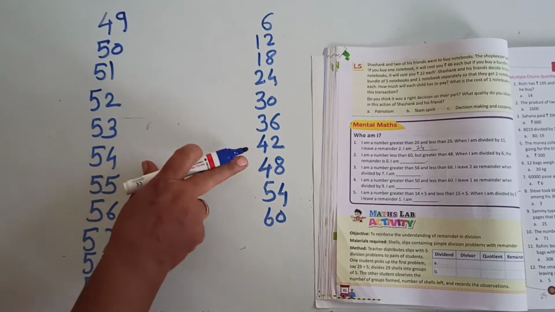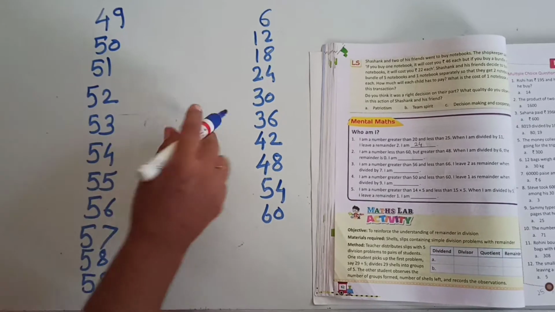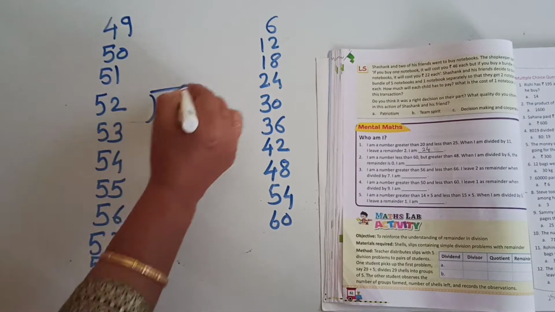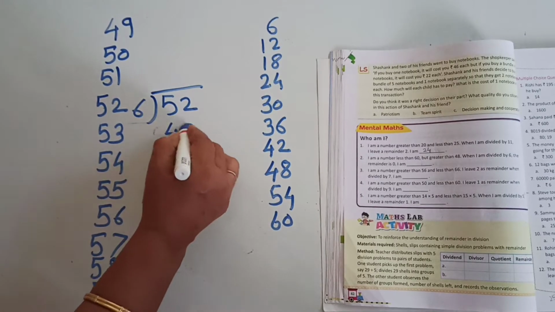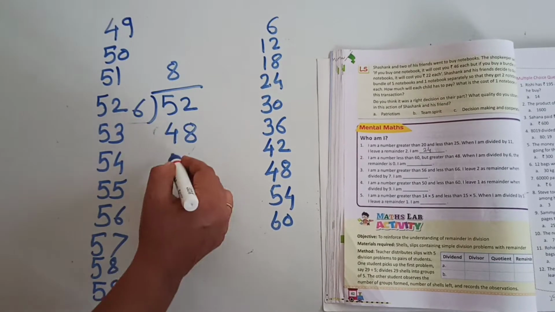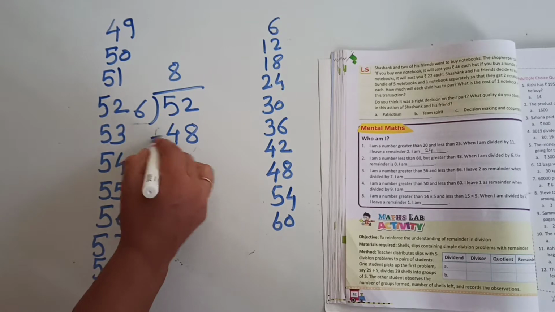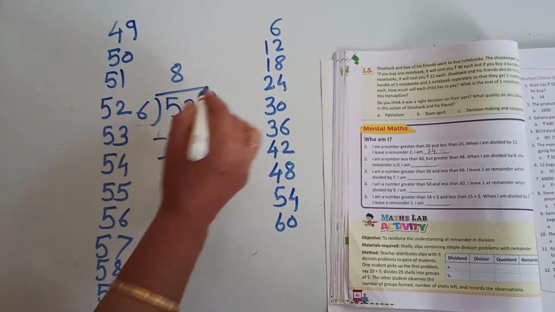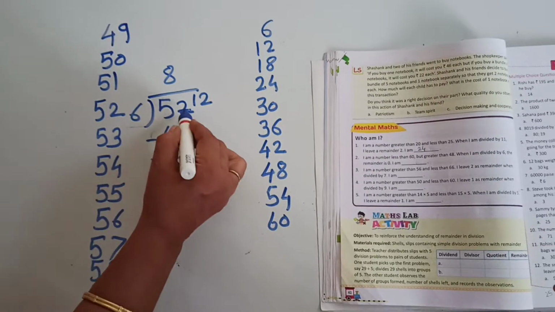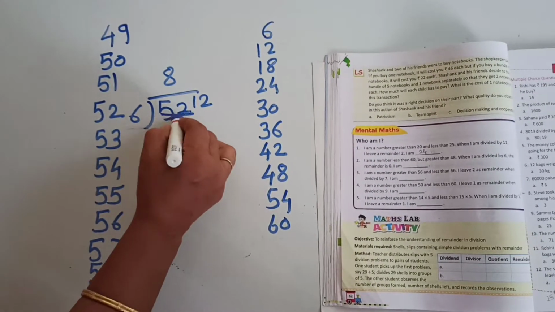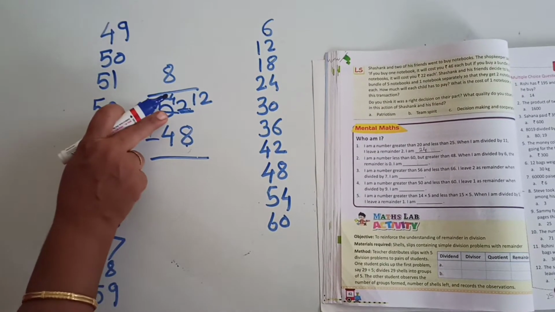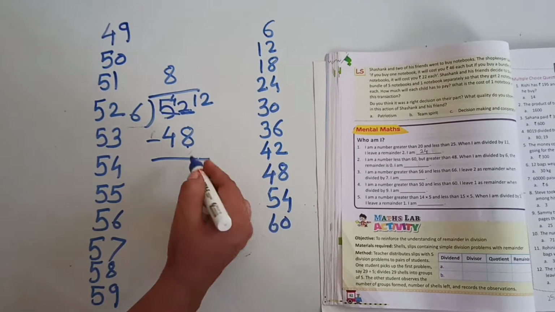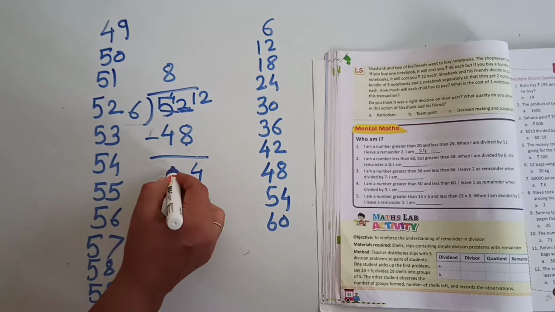52 means we have to divide, 6 8s are 48. Agar 52 divide by 6, then we have to write here 6 8s are 48. And here 2 minus 8 not possible, so carry over from tens place. 12 minus 8, 9, 10, 11, 12. 4 and 4 minus 4, 0.